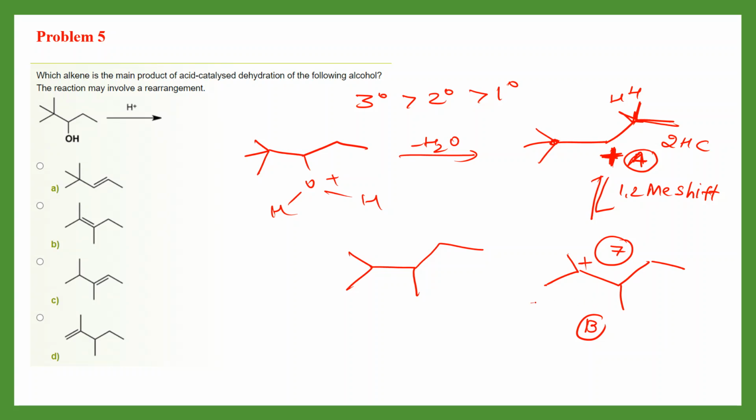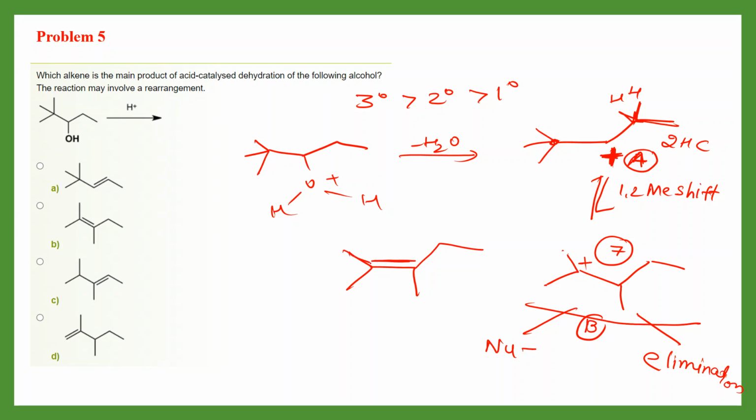See, whenever you have formed this carbocation, now there are two possibilities. If a nucleophile is there, just attach it there. If nothing is given, the final possibility is elimination. Elimination can take place from this carbon, but you know that by Saytzeff rule, the most substituted alkene will form.